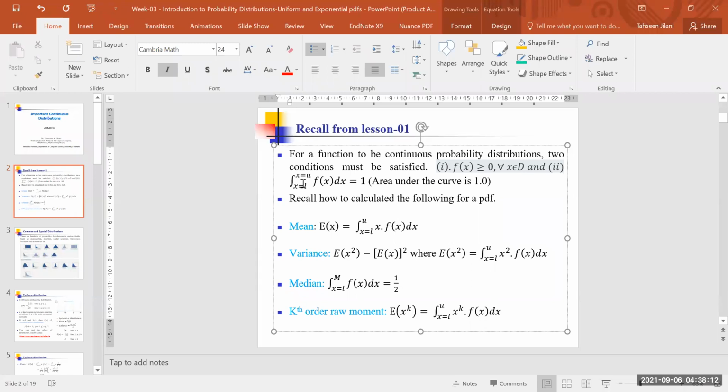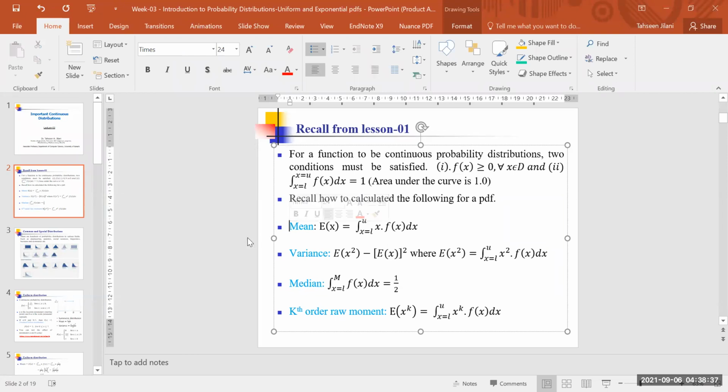So different functions may have different limits. If you integrate that function, the answer must be equal to 1. This is called the area under the curve is 100%. That means there is nothing left when you integrate the function from lower limit to upper limit. The whole thing is covered. 100% means 1.